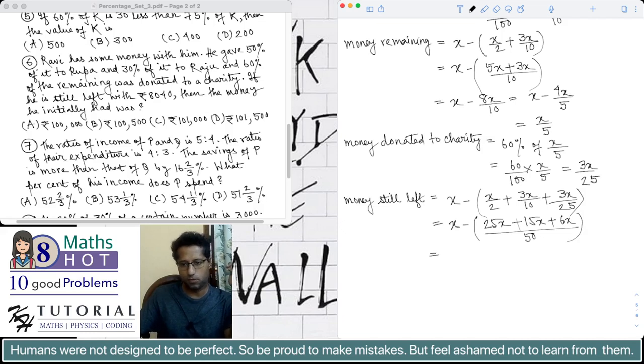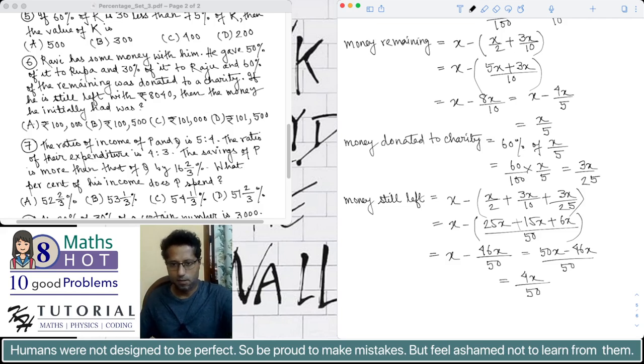This is equal to x minus 46x by 50, since 25x plus 15x is 40x, plus 6x is 46x. So this is equal to 50x minus 46x by 50, which is equal to 4x by 50.